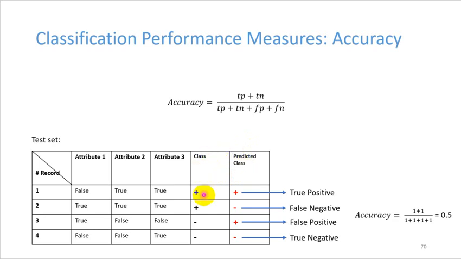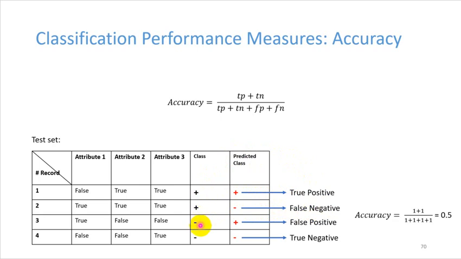When the actual label of the data is positive, and when the predicted label is also positive, we say that we had a true positive. When the actual label of the data was positive, and when the predicted label was negative, then we call this a false negative.